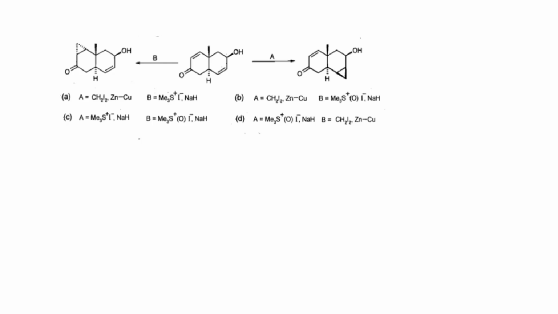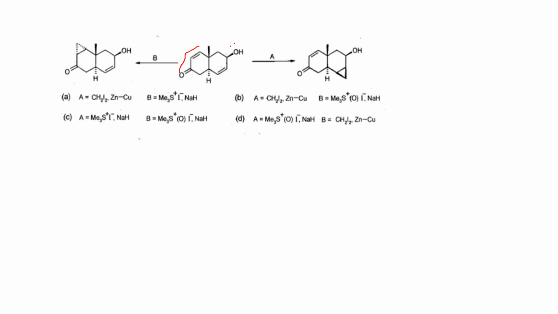In this reaction they have given one substrate and 2 reaction pathways, A and B, and they got different products. Here they have an alpha beta unsaturated ketone system and an allylic alcohol system.